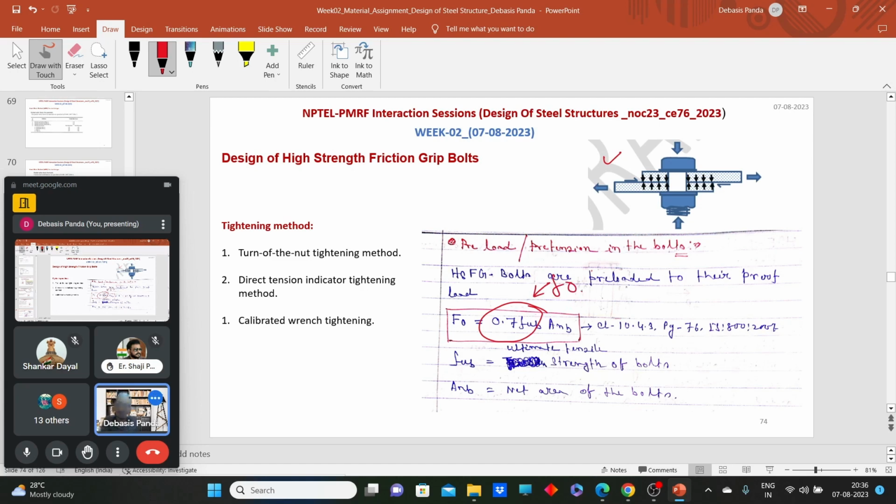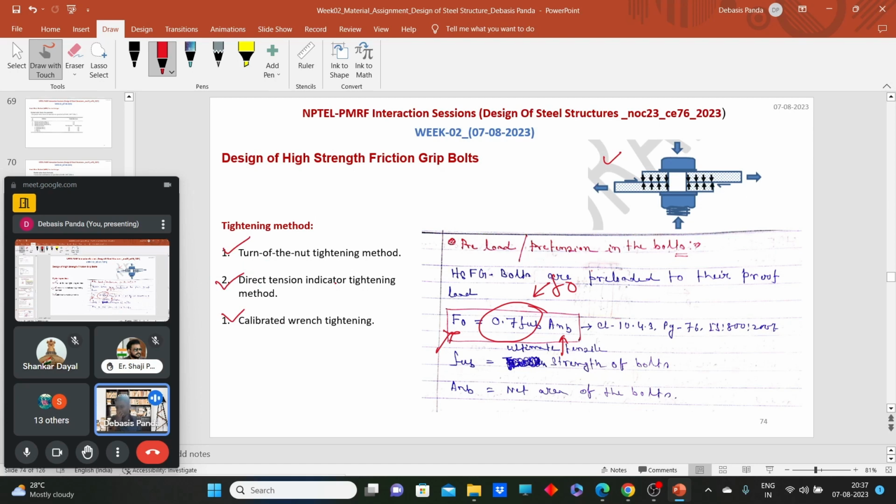If we consider the load, then the proof load should be 0.7 fub Anb, where Anb is the net area, 0.78 pi by 4 d squared. So the preload is 0.7 fub Anb. That much load we cannot provide by bare hand, so we have some tightening methods, like the turn-of-the-nut tightening method, the direct tension indicator method, and the calibrated wrench method.